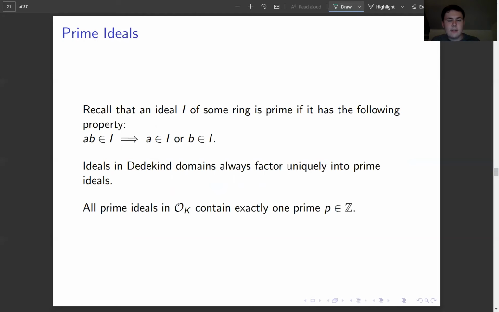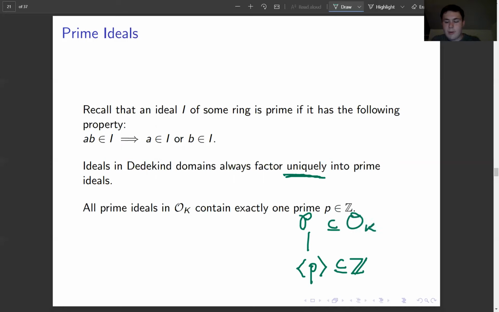And we get that in Dedekind domains, ideals always factor uniquely, not just factor, but they factor uniquely into prime ideals. And when we take the case of number fields, we get that every prime ideal in a ring of integers of K contains exactly 1 prime in the integers. So for any prime p, and this denotes the ideal generated by the prime p, where this is a subset of the integers, this lies under some P, which is a prime ideal of the ring of integers O_K.